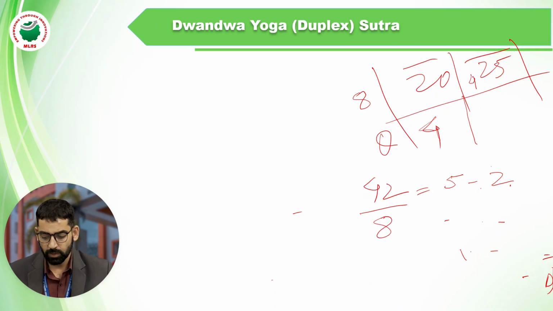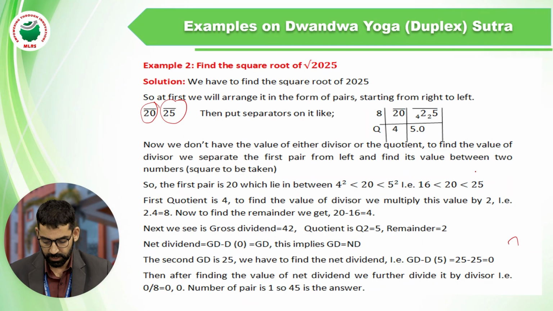Now we have another step. What we do is we divide this net dividend by 8 and then we take the quotient as well as the remainder. So when we divide this net dividend by 8, 8 5s are 40 and 2 is the remainder. Clearly we can see here quotient equals 5 and remainder equals 2. So gross dividend is 42, net dividend again is 42, because in the first case, there is no number here.